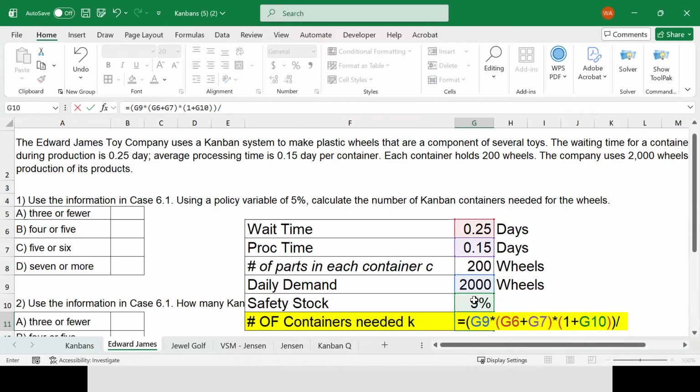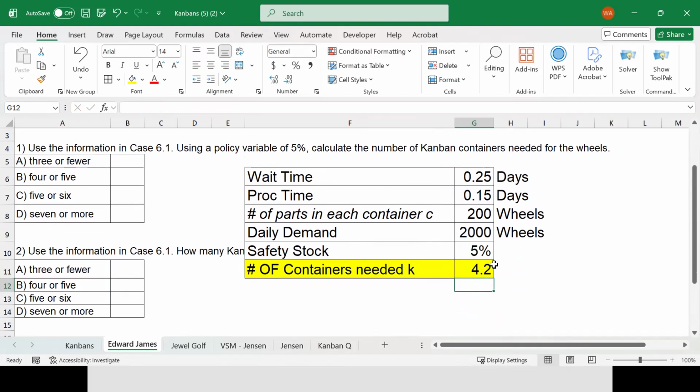The final step is to divide all this by the number of parts in each container, which is 200. That gives us a value of K, which in this case means we're going to need approximately 4.2 containers.